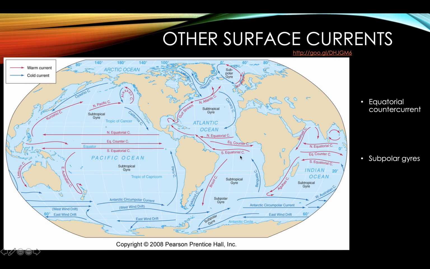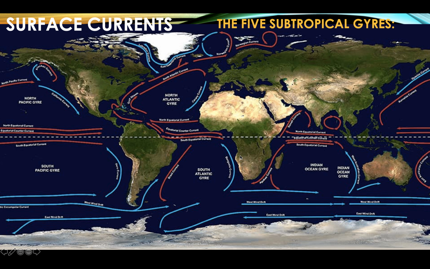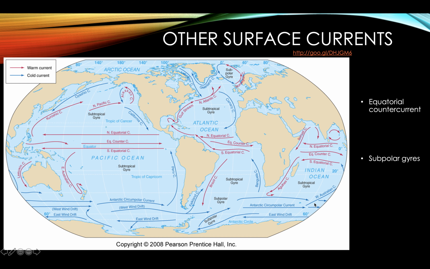This next picture is similar to the last slide, but now I want to highlight some things that you couldn't see with the last slide. Here we have the North Equatorial Current and the South Equatorial Current. We can see that those 2 currents are both moving from east to west. So they're pushing water from east to west.